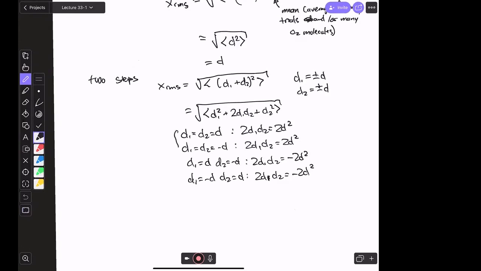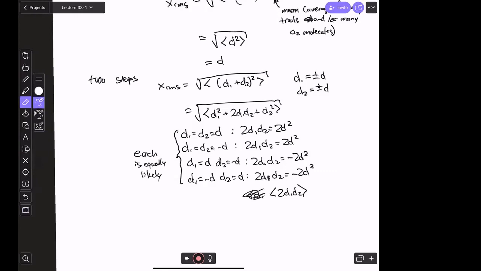So it's a basic principle of probability that each of these four possibilities is equally likely. And so when we take the average of 2 D1 D2, we've got two components that are plus 2D squared and two that are minus 2D squared, so the average would be 0.